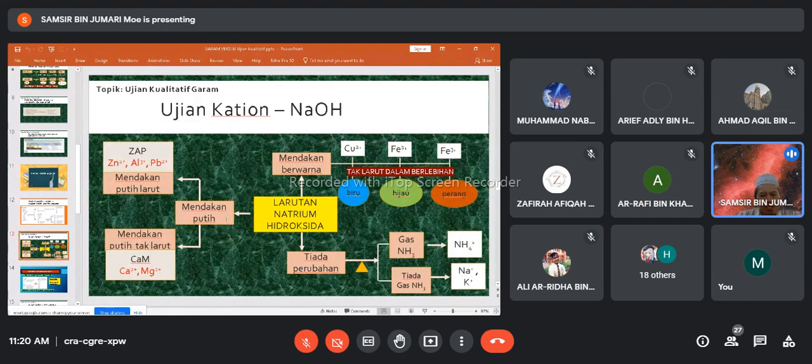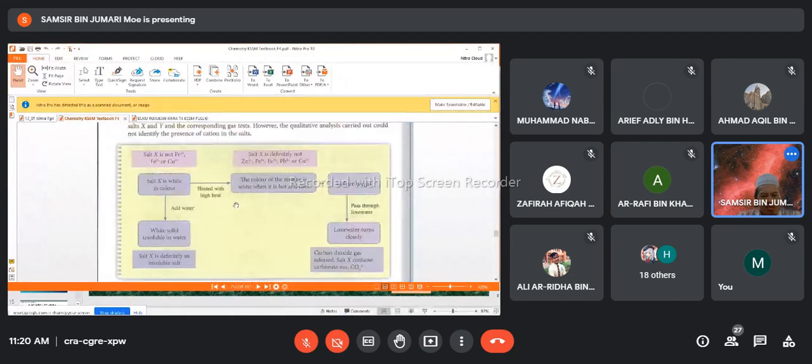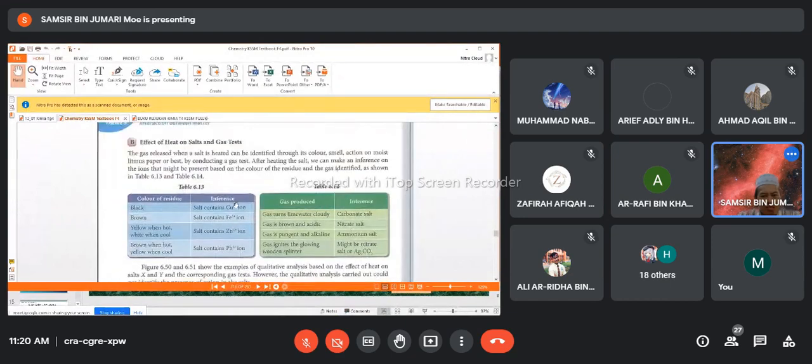Okay, in our textbook we can find this one.